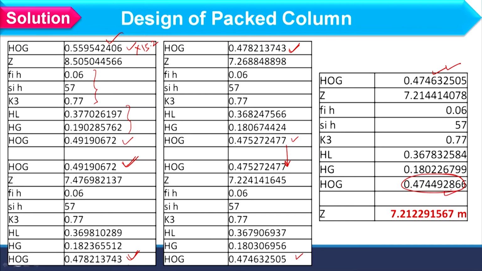So we can consider that it is pretty close to the assumed value, and so 7.2 meter will be the total height of the packed column. Okay. So in this way we can consider the solution of this example.